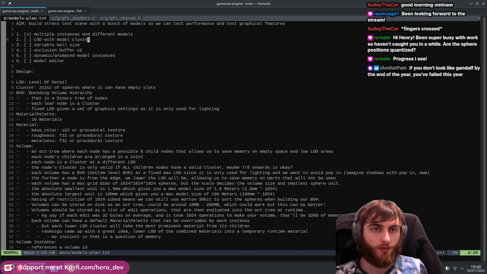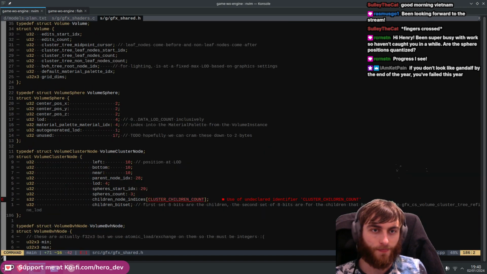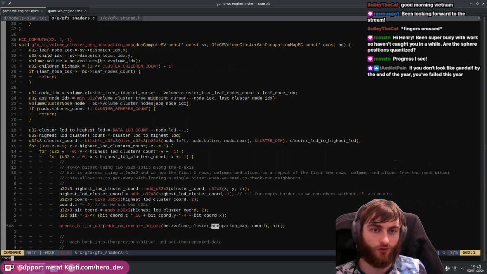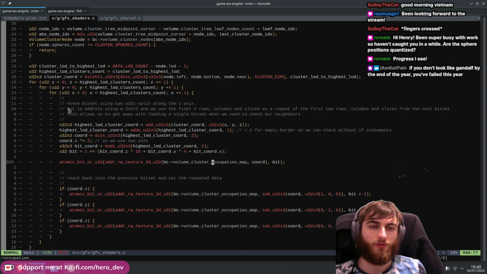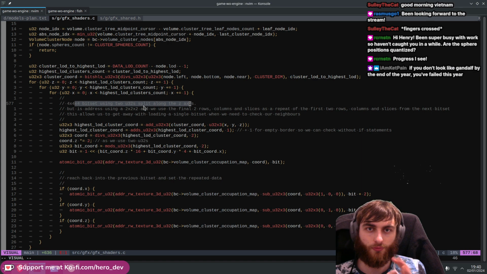So basically we've got this texture now called this occupation map. It's a 4x4 bit set. So we kind of do this trick where we repeat, to make the sampling really easy.